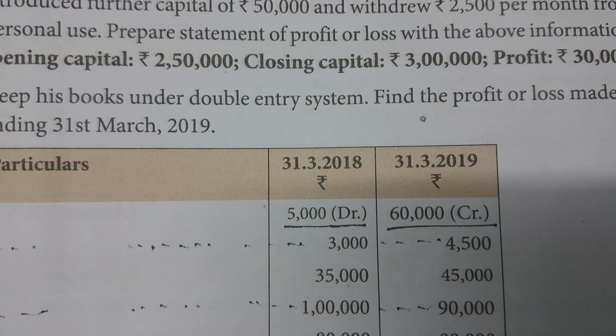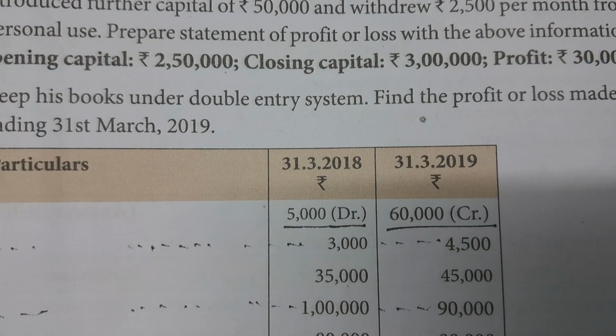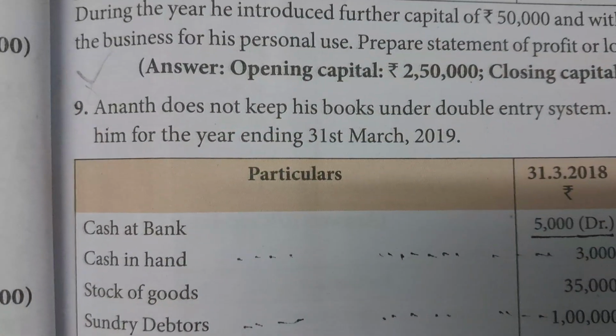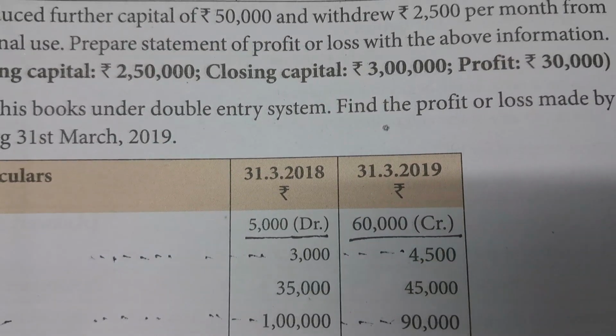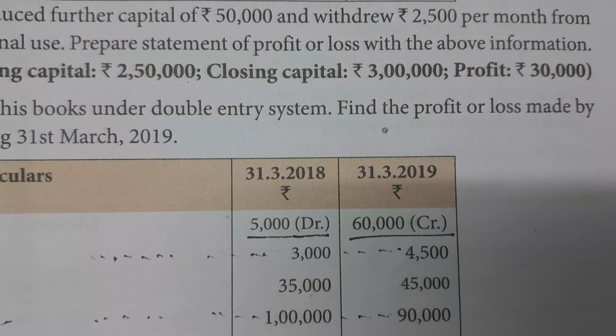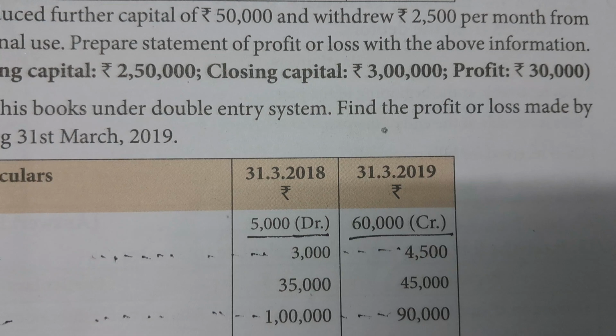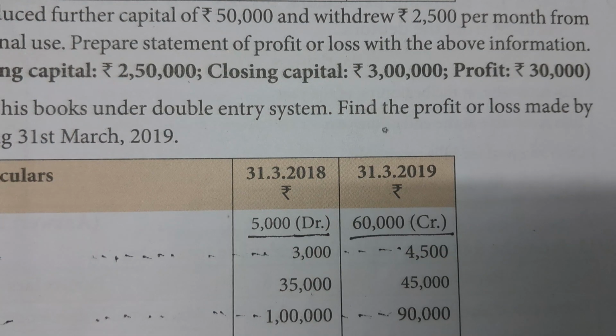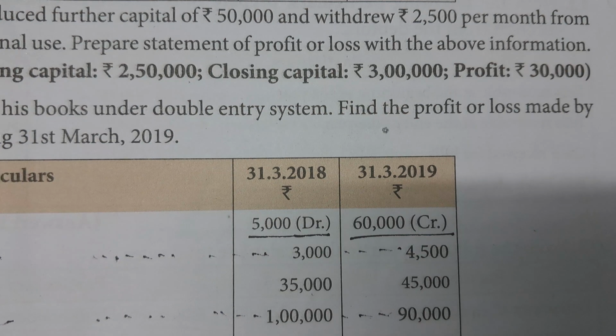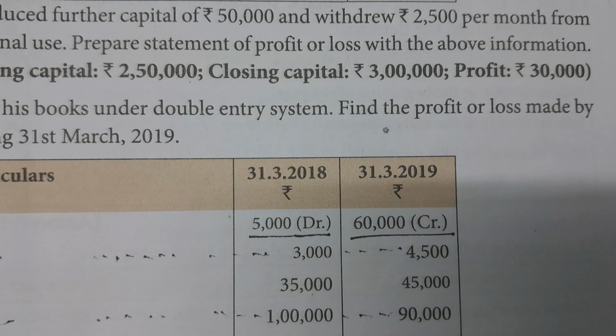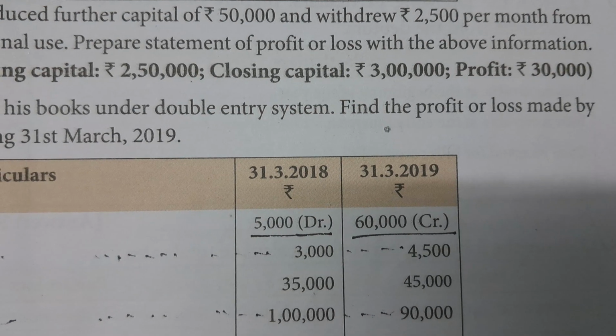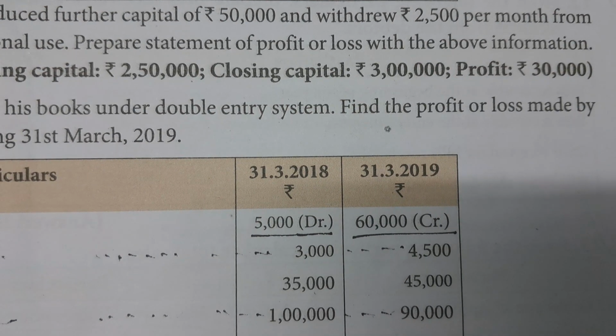In the same way, the 60,000 rupees credit balance at bank should be entered in the liability side, because we assume the liability side is the credit side. But there is no debit or credit for a balance sheet or statement of affairs.